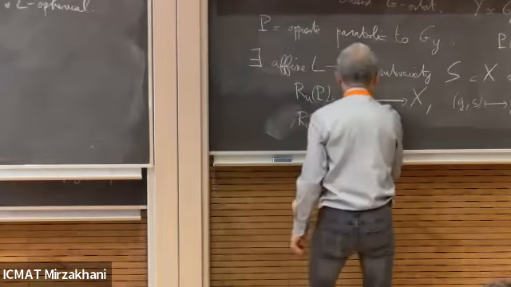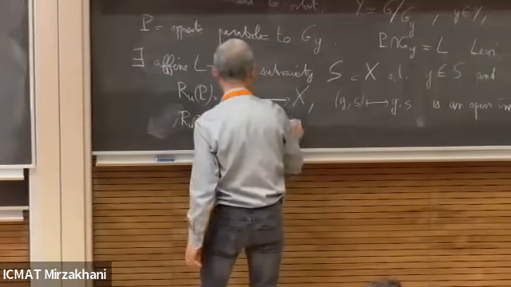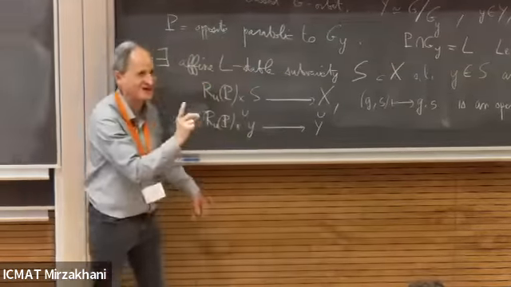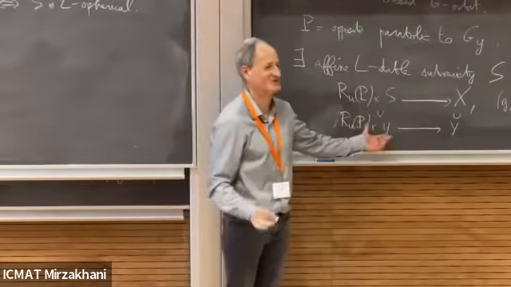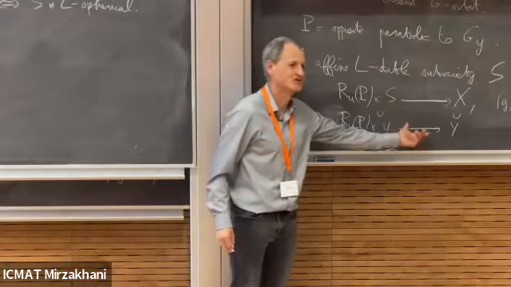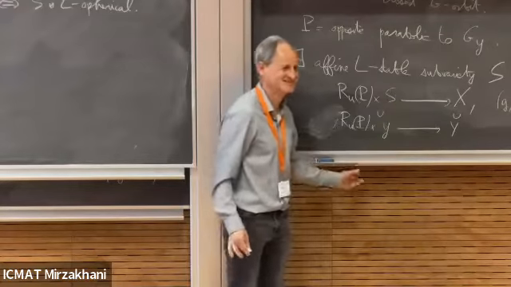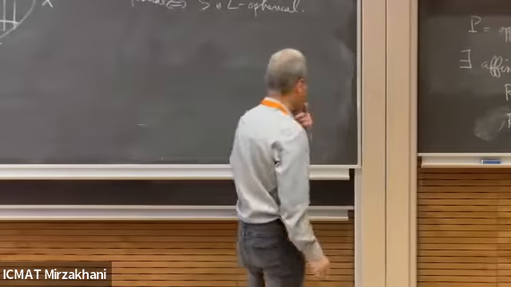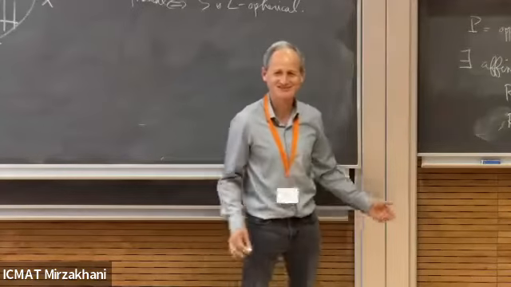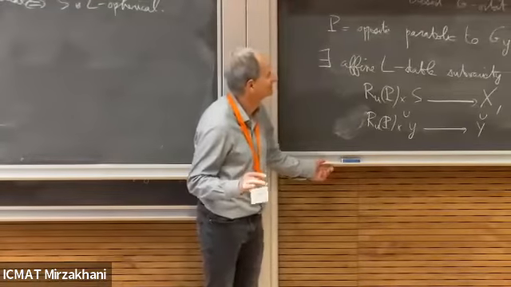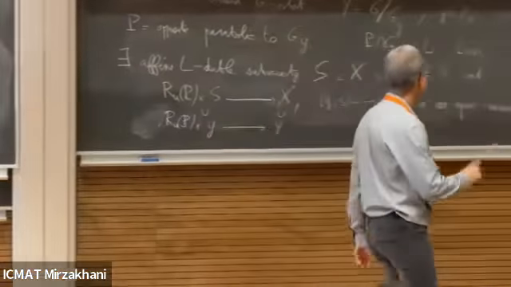Maybe this answers your question. Thank you. I should have said it earlier. If you restrict to Y, you get the open set. That's what I wanted to explain with this picture, but I realized it's not such a great picture. Anyway, I think now it's clearer.